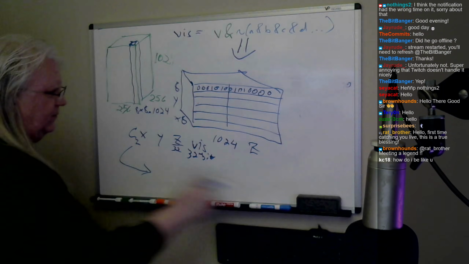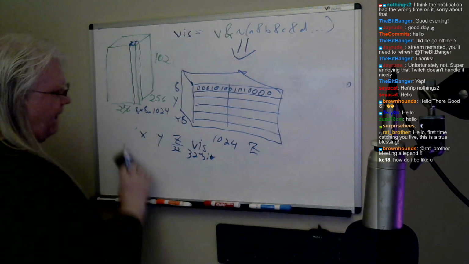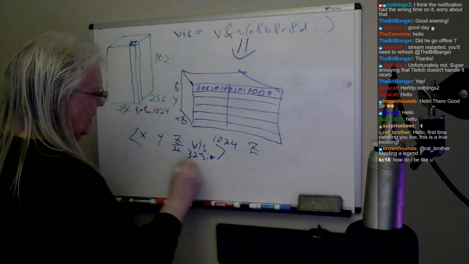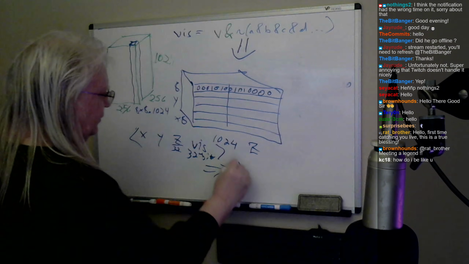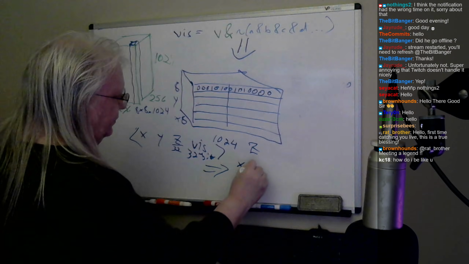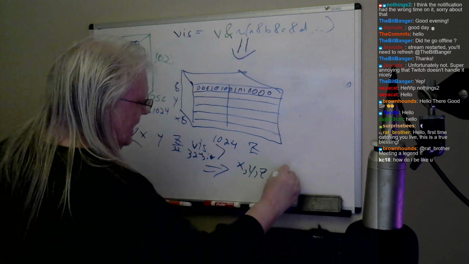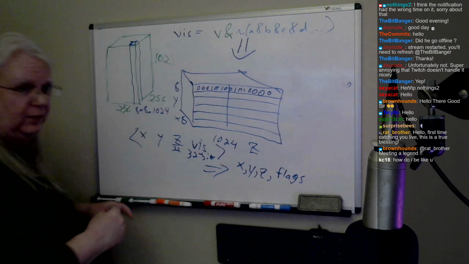So we write a new compute shader that reads these entries and outputs where the bit is 1, outputs X, Y, Z, and what we call flags. This is the face. It's a list of which faces to draw.